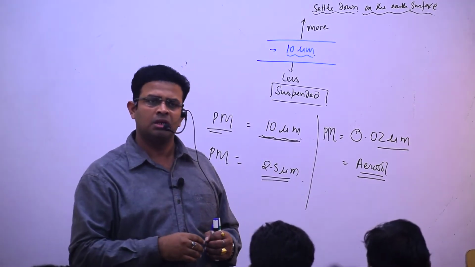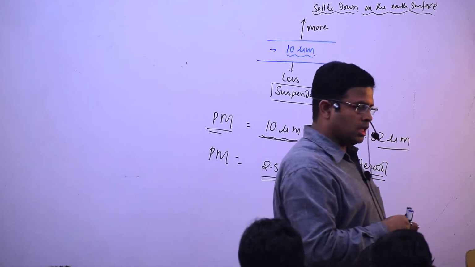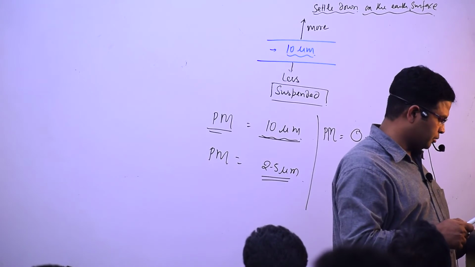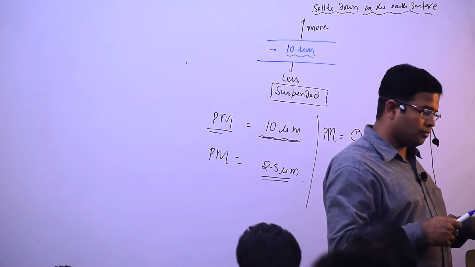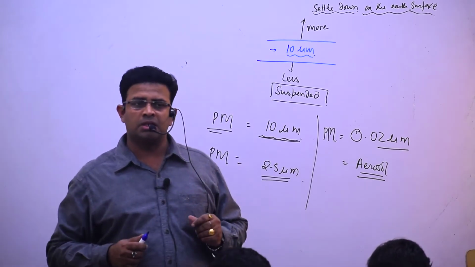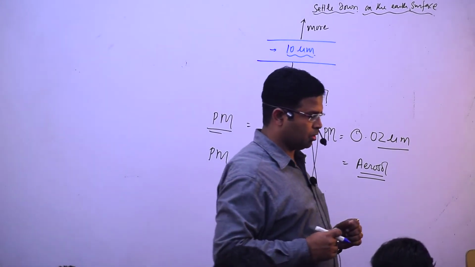Another point: there are two types of chemical pollutant. First is primary pollutant, and another is secondary pollutant.